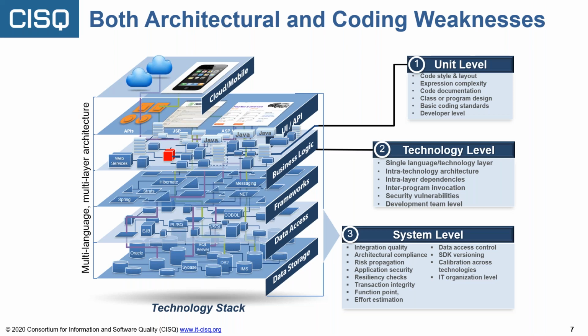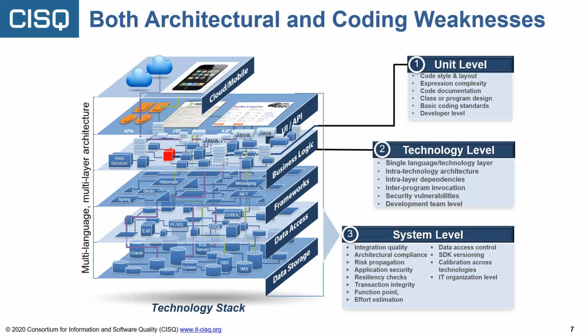So the CISQ measures look both at things that would occur at the individual component level, but also things that would occur across multiple levels, things that would involve, for instance, layer skipping calls that may avoid the proper data access mechanisms, or even possibly avoid some of the user authentication mechanisms that create security issues.